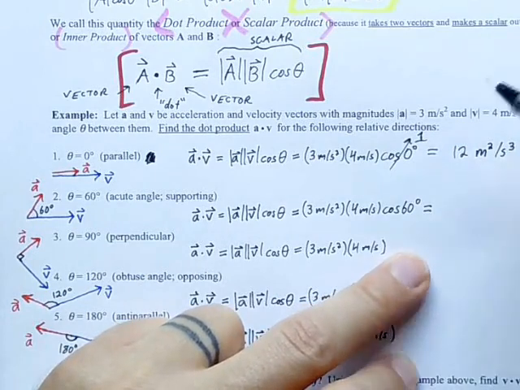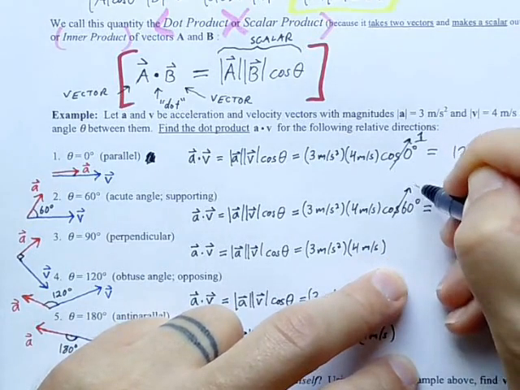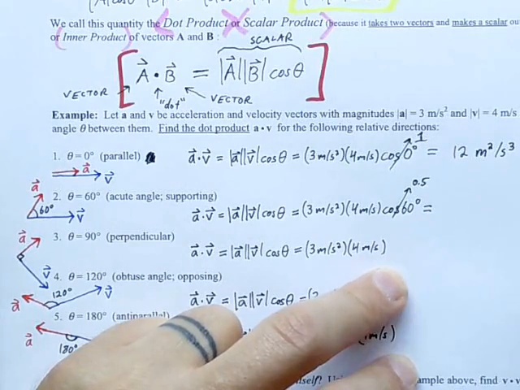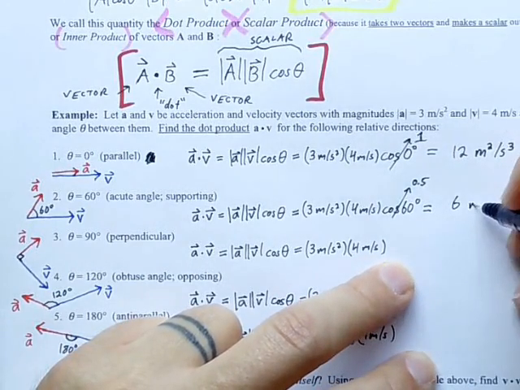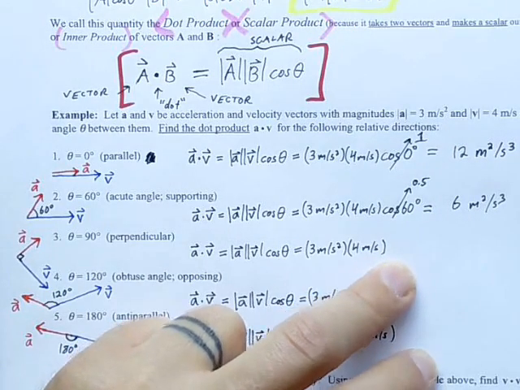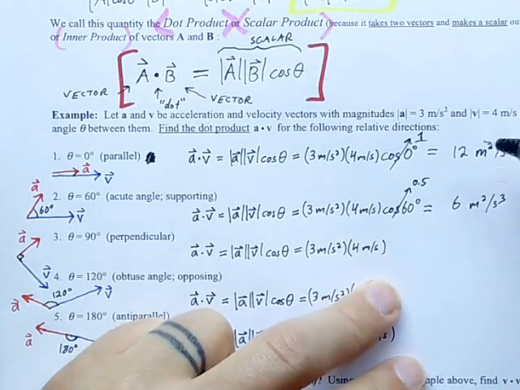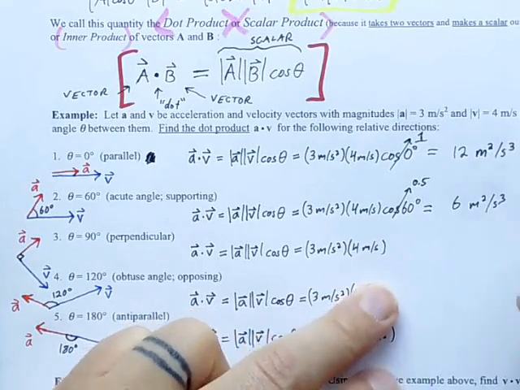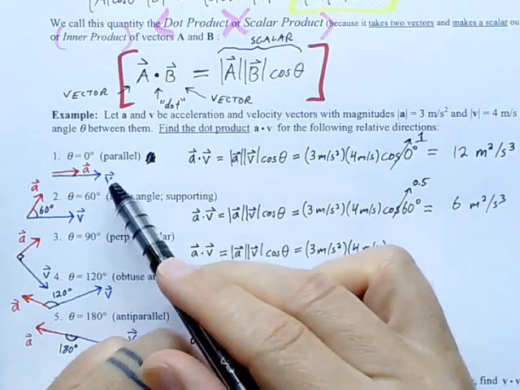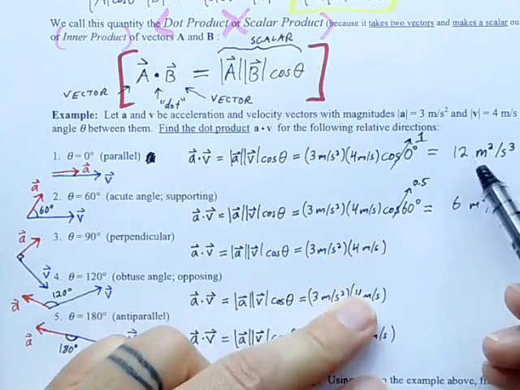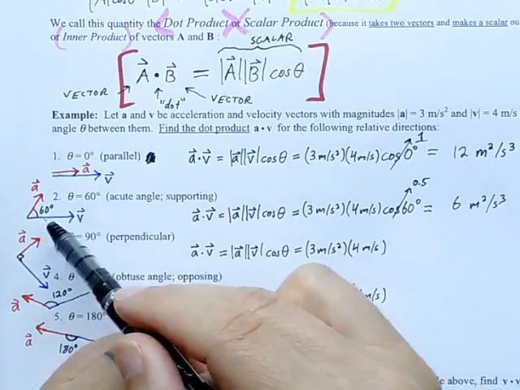Cosine of 60 degrees is 0.5, so this comes out to be 6 meters squared per seconds cubed. Half the value that it was when they were parallel to each other. So the same two vectors, same two magnitudes, when they're parallel, the dot product is twice as large as it is when there's a 60-degree angle between them.